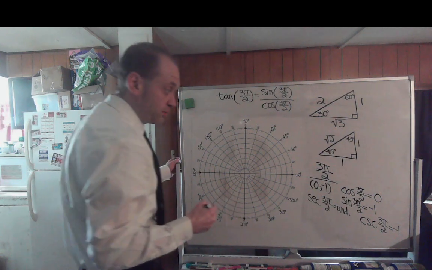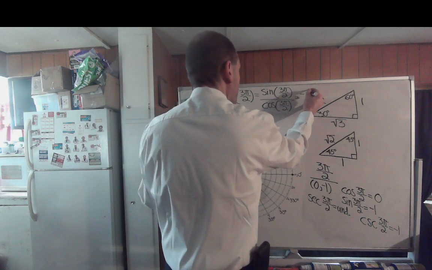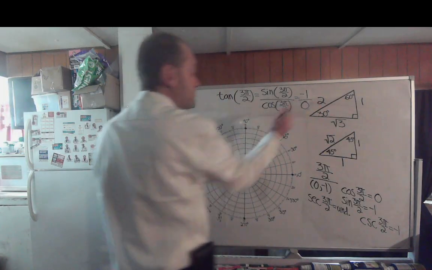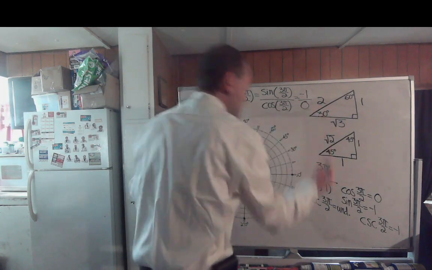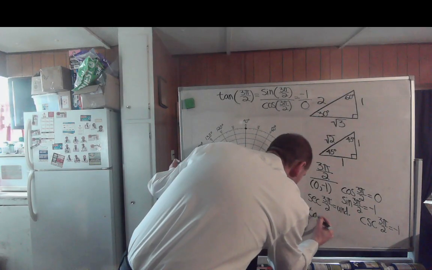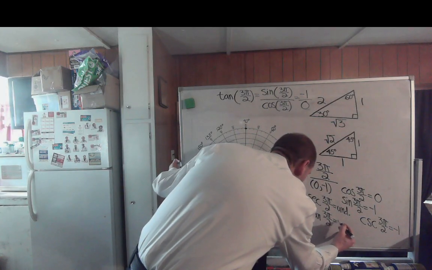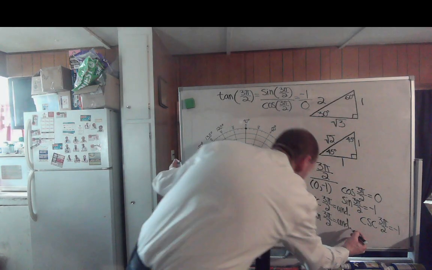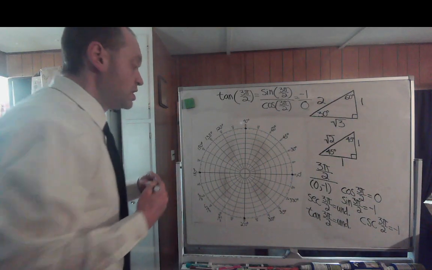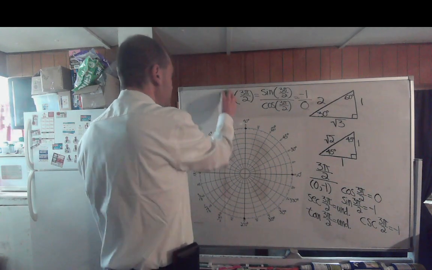Well, the sine we determined was -1, the cosine was 0. Well, -1 divided by 0 is actually undefined. So the tangent of 3 pi over 2 actually ends up being undefined. Now, then we have the business of the tangent.